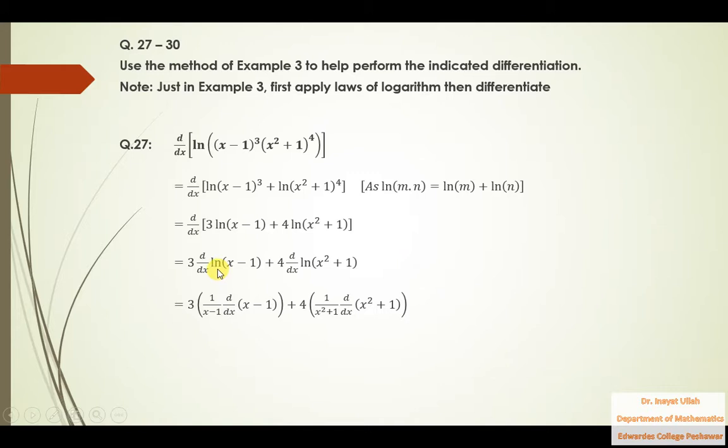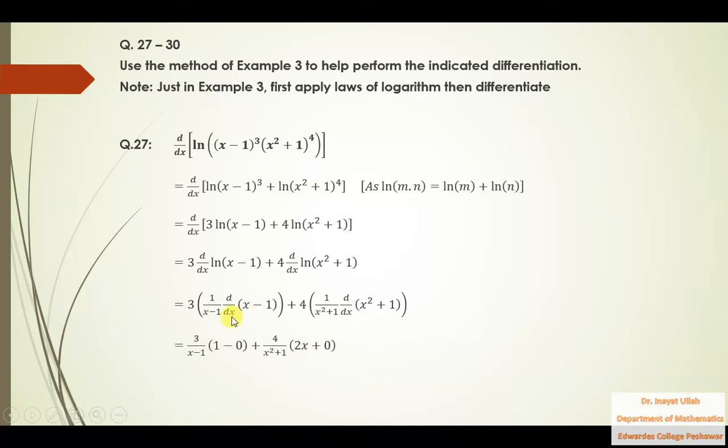Derivative of natural log of u is 1 by u into further derivative of this u, and here log of x squared plus 1 is 1 by x squared plus 1 into further derivative of x squared plus 1. Now further derivative of x minus 1: derivative of x is 1 and derivative of 1 is 0, so that is actually 1.